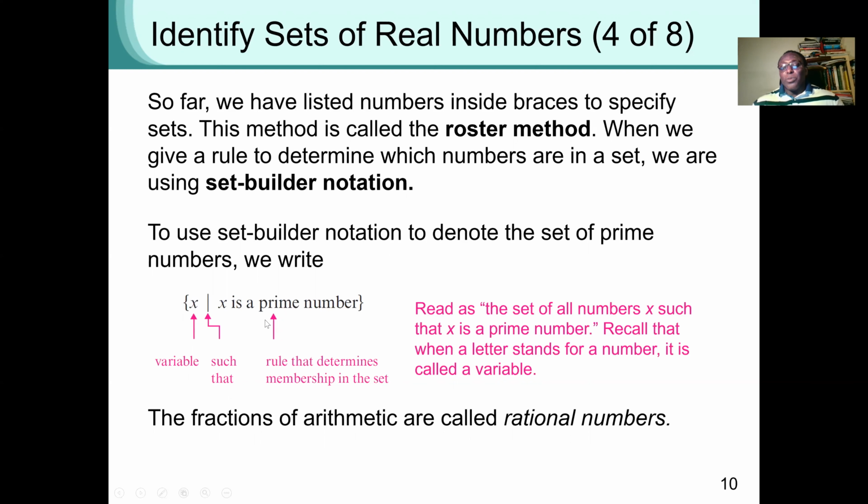So this is set builder notation. Instead of writing the prime numbers, maybe 2, 5, 7, 13, we can specify the variable, then that the number is a prime number. This reads as the set of all numbers X such that X is a prime number. That means the answer will be 2, 5, 7, etc.